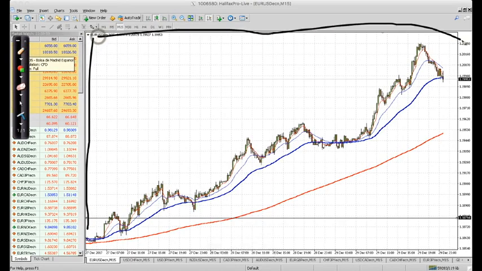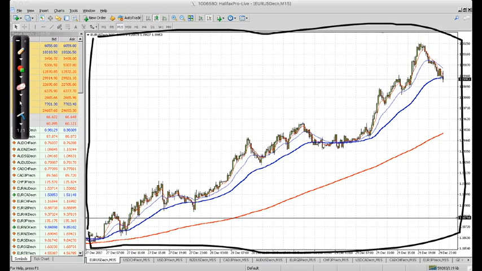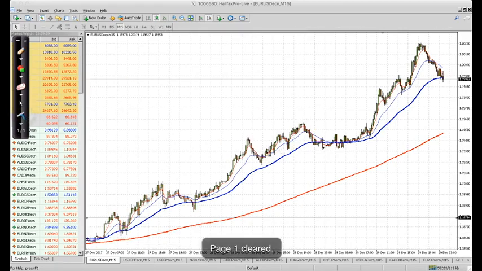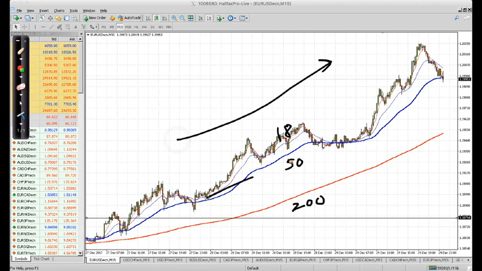During this section of the chart, again, do you see that clear moving average sequence? All right, you can see this blue line is the 18, right? So the 18 is above the 50 and the 50 is above the 200. And they are generally in a sloping up fashion. So this is a very clear uptrend.